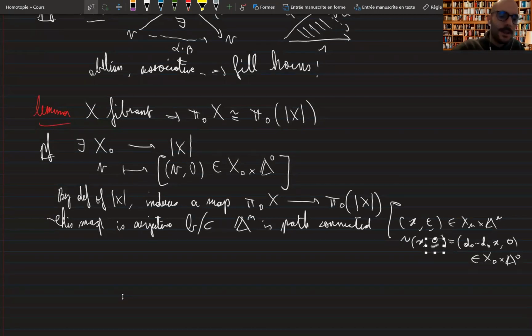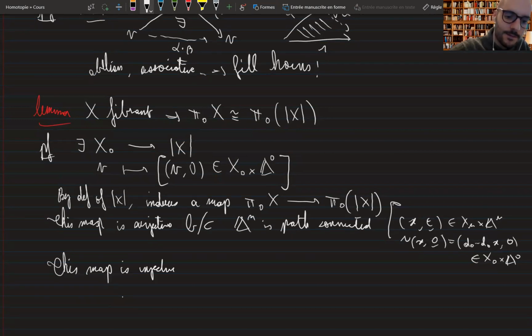Okay. So it is surjective, and this map is injective. So how to show this?